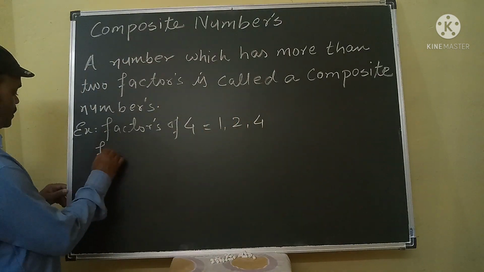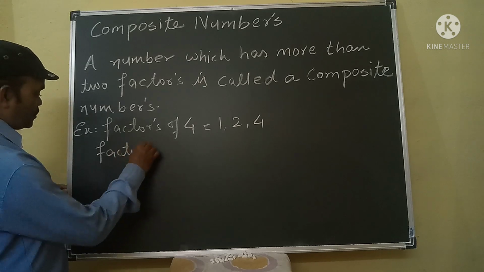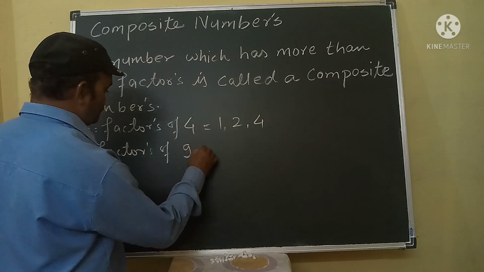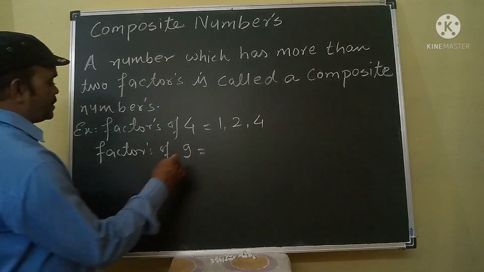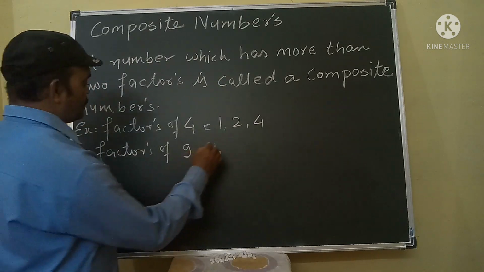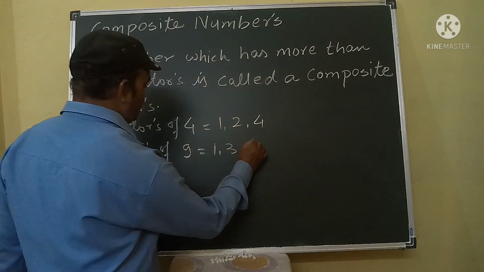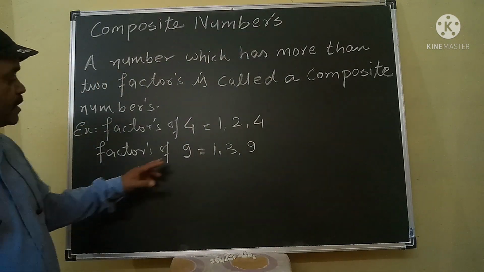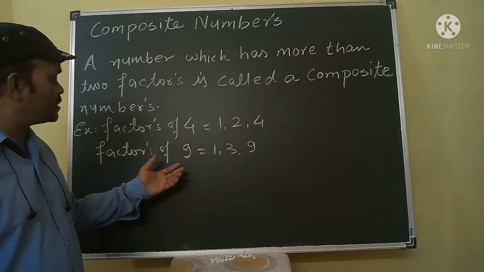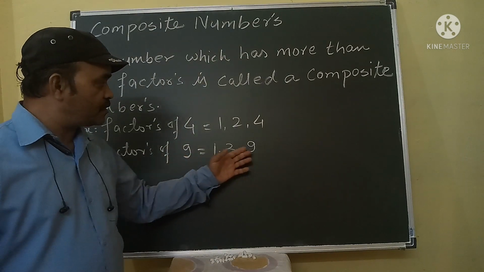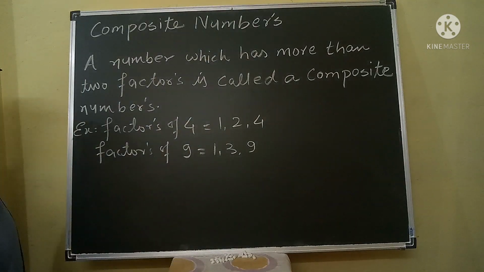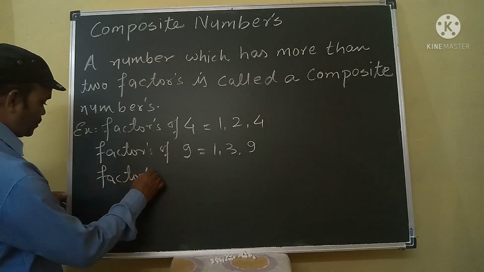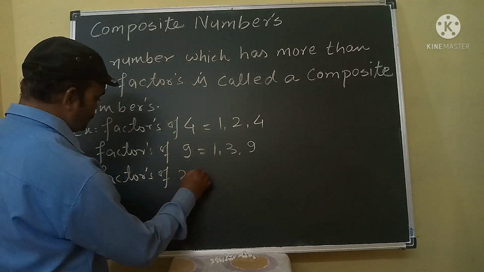Then, for example, suppose you want to find out the factors of 9. The factors of 9 are 1, 3 and 9. 9 is a composite number. That's why it has more than 2 factors. In another example, suppose you want to find out the factors of 20.